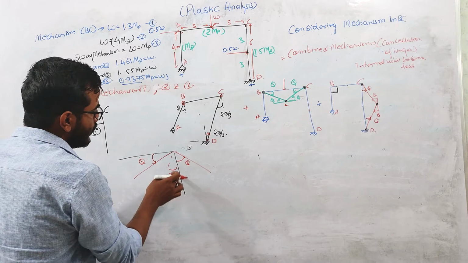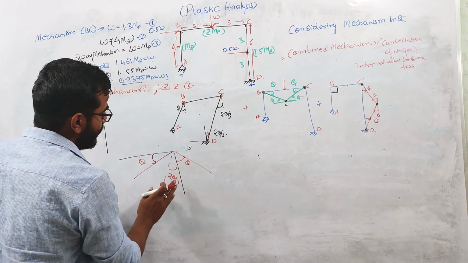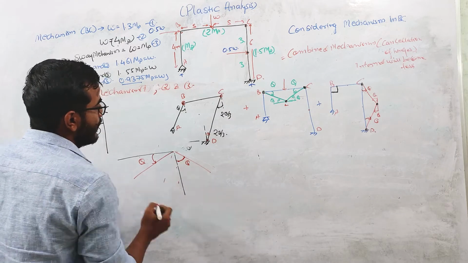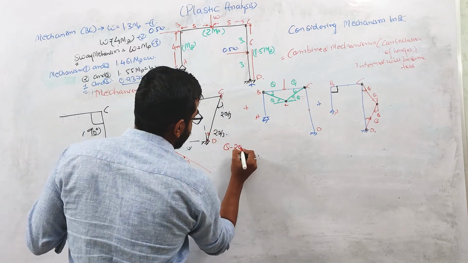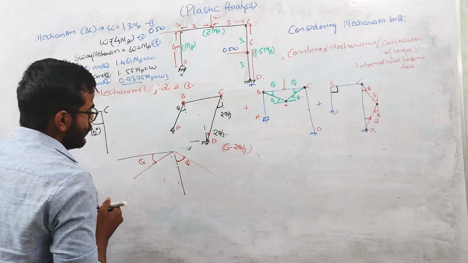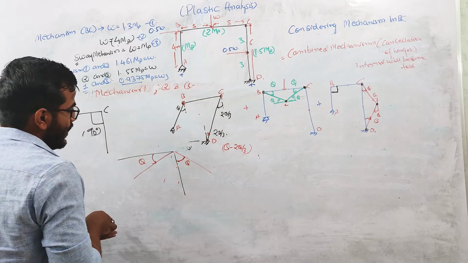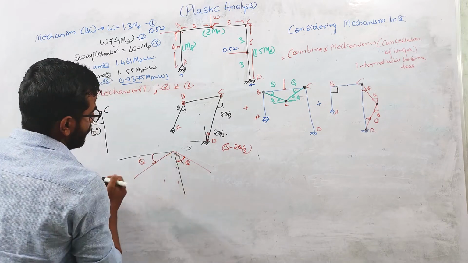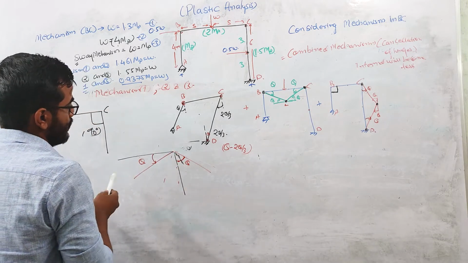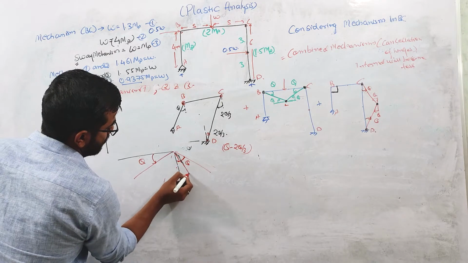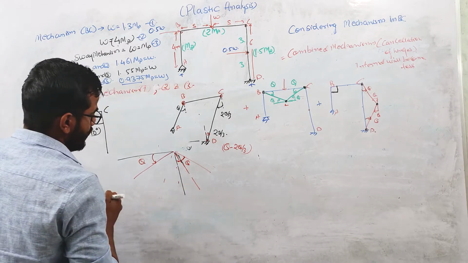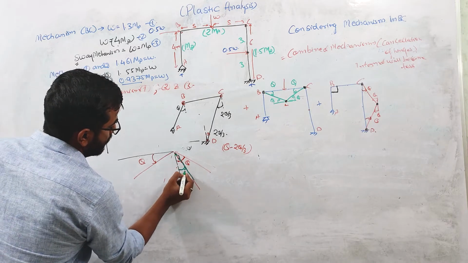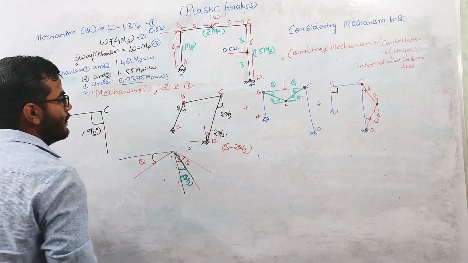So the net rotation of this vertical member will be theta minus 2 theta by 3. So at this point, this angle is basically theta by 3.